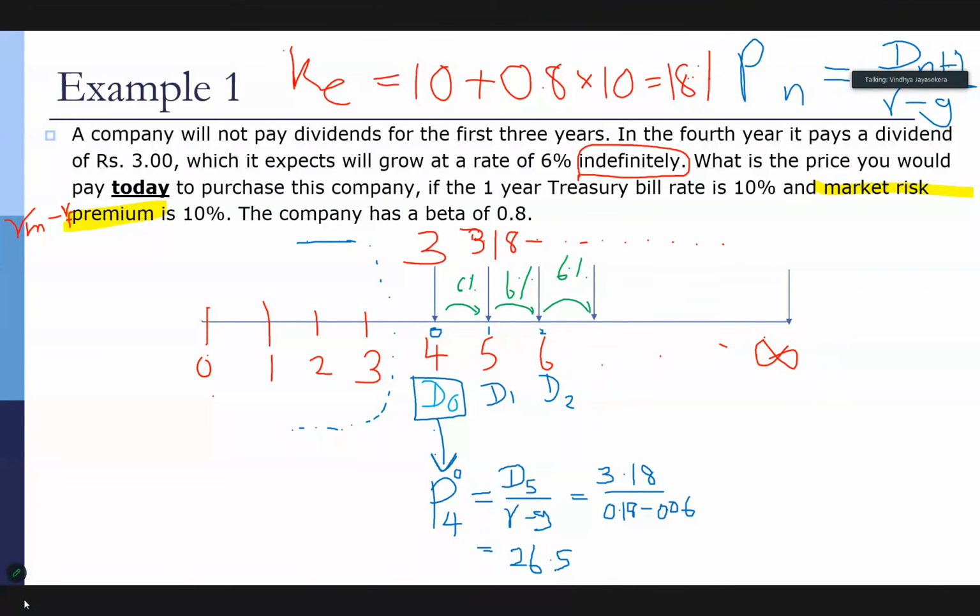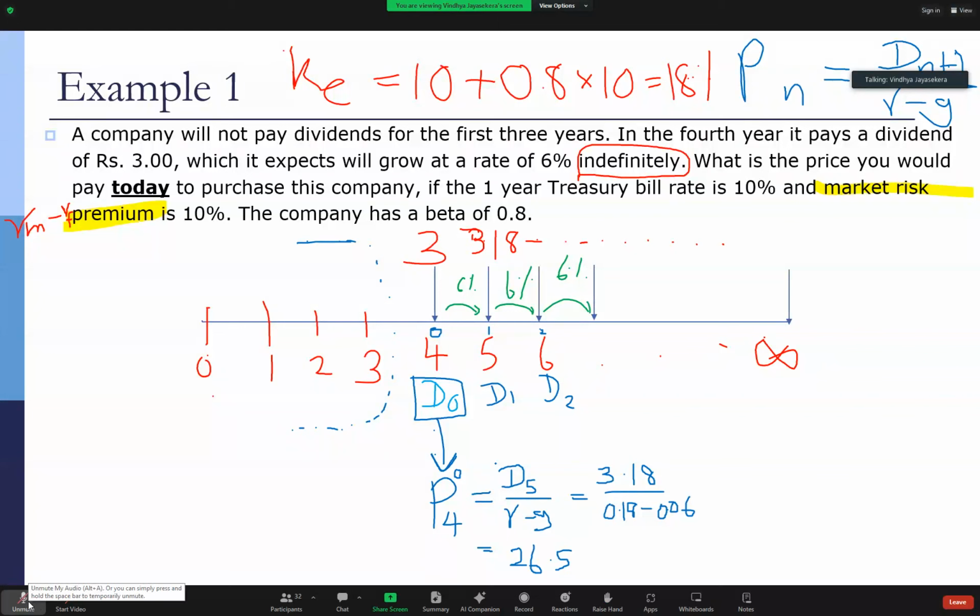Year 5 and above. Not just year 5 dividend. Year 6 dividend has been considered, 7 dividend has been considered, 8 dividend has been considered. How did this equation come? This equation came as the condensed equation for the present value of my future dividends. So all of these dividends have been considered.